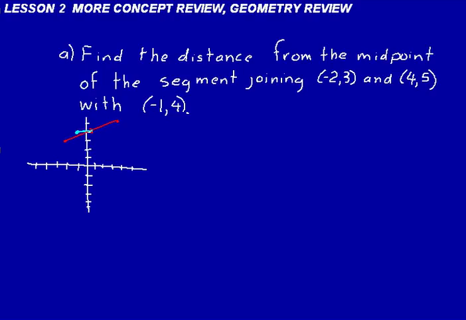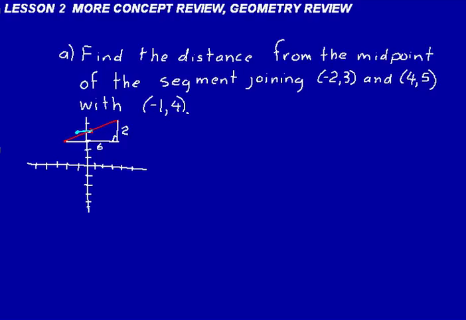What we need to remember to solve a problem like this is the Pythagorean Theorem. Think about that red line segment that we have drawn there. If we made a right triangle based on that, we could see that this height here would be 2, and then our horizontal distance, we started at -2, went over to +4, so this side would be 6.